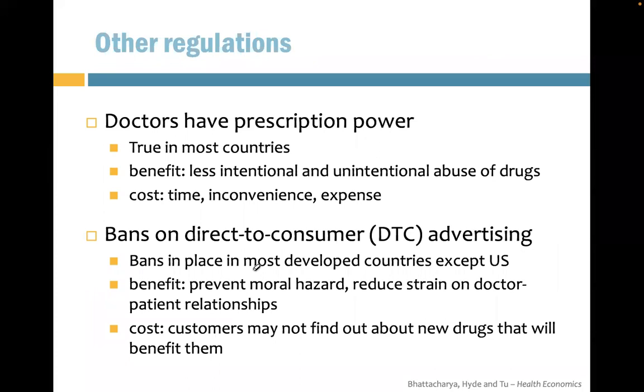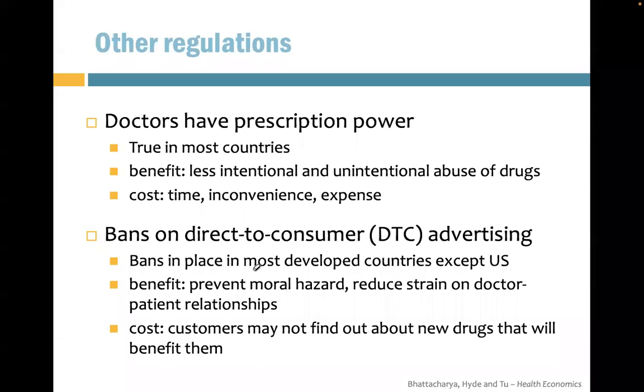We have other regulations. For example, doctors have prescription power. This is true in most countries. The benefit is that there is less intentional and unintentional abuse of drugs. The cost is time, inconvenience, and expenses.